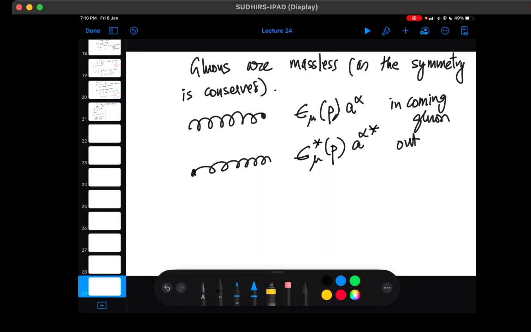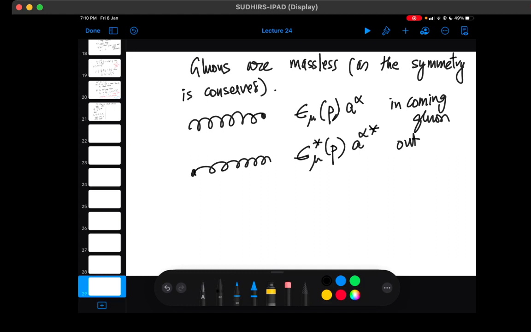So you could have, for example, some very interesting color factors like this. The incoming color would be, say, anti-red, and the outgoing color could be blue, and so on. So in general, this is quite a possibility. All of these are possible depending upon the factor which is sitting here.